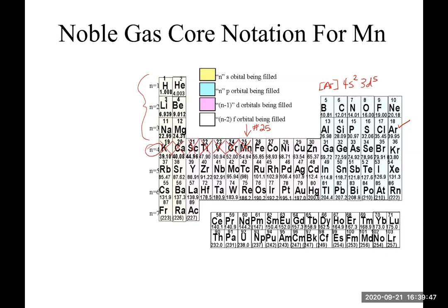That is the shorthand, or the noble gas core notation, for the electron configuration of manganese: argon in brackets, and then 4s2, 3d5. We skipped writing a whole bunch of electron configuration there and made it a lot easier to do. Now in the test, I'll ask you for both methods.